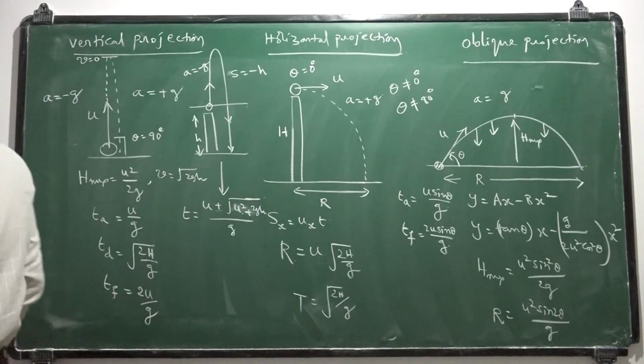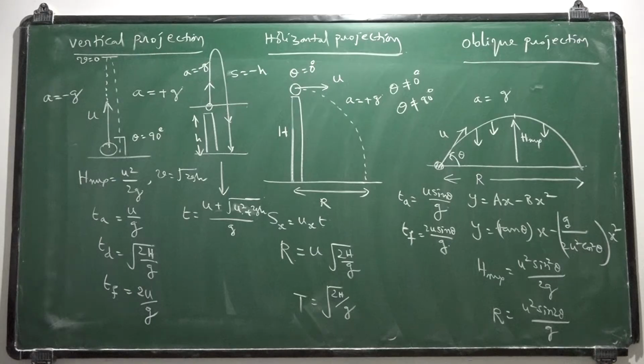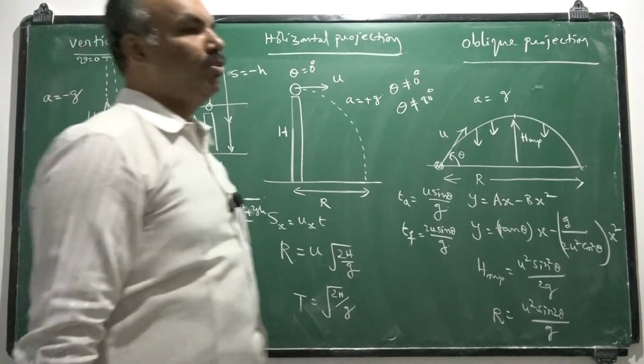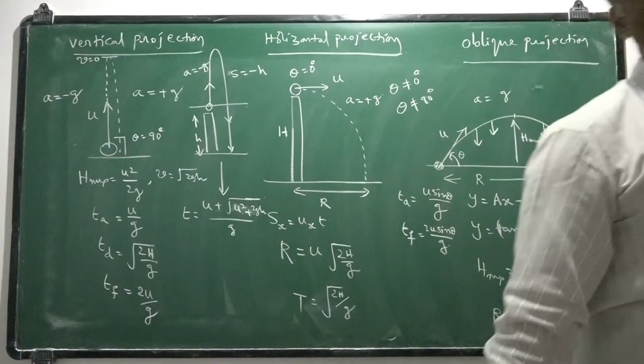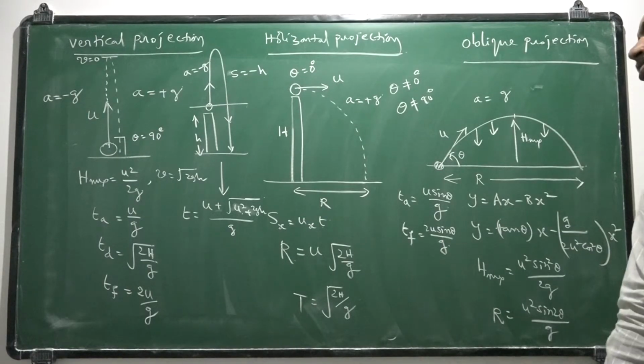Here minus we won't consider. So the time is u plus root of u square plus 2gh by g. This is the time taken by the body to reach the ground. So just go through these ideas to solve various problems related to kinematics, projectile motion.